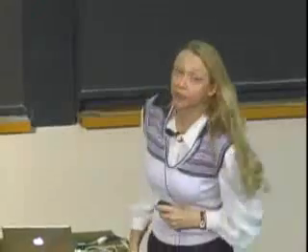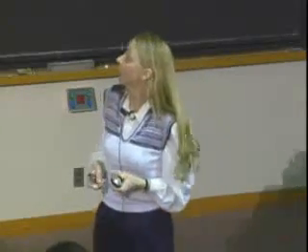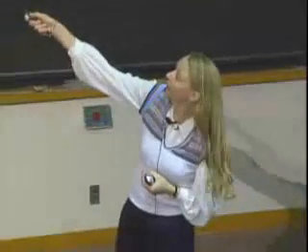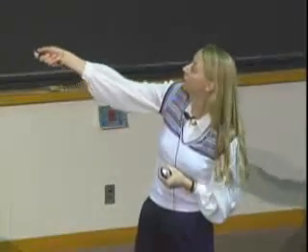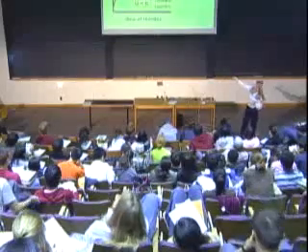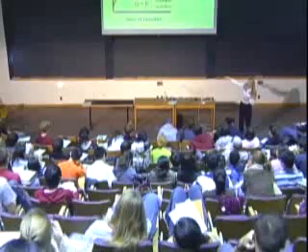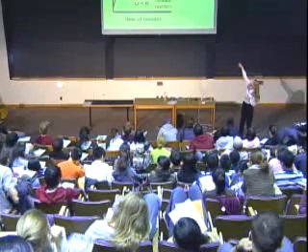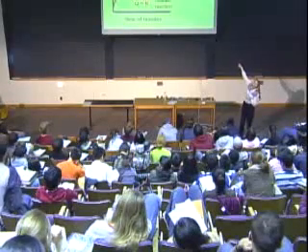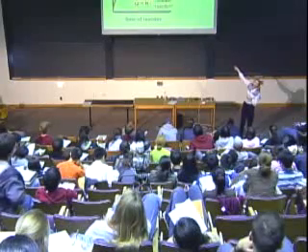Another way to look at it is shown here. Suppose we are in a situation where Q is less than K. I'm plotting here Q as a function of the time in the reaction, and I'm starting out here at t equals 0, and Q is less than K. If Q is less than K, it means that we have fewer products than what equilibrium tells us we should have.